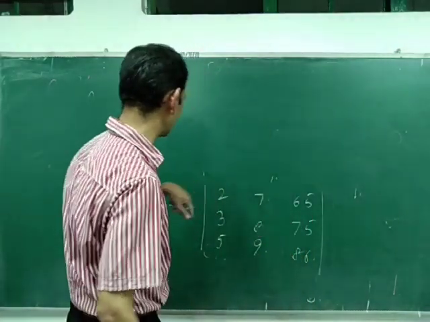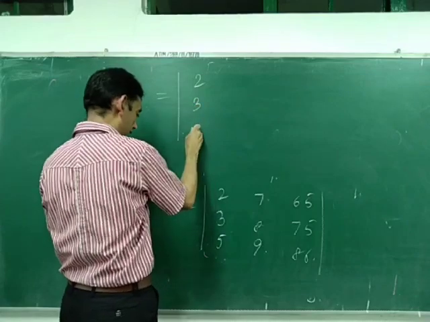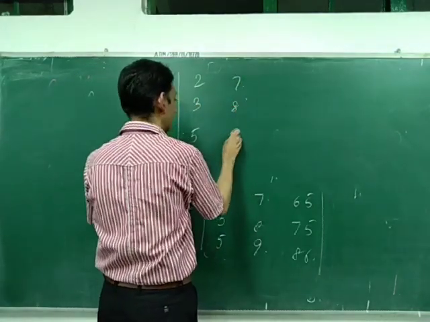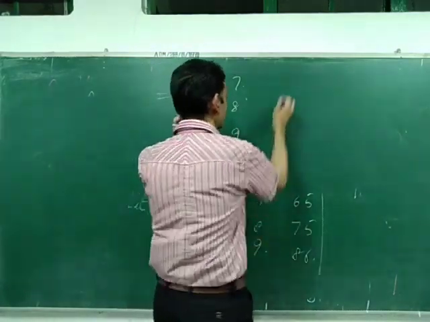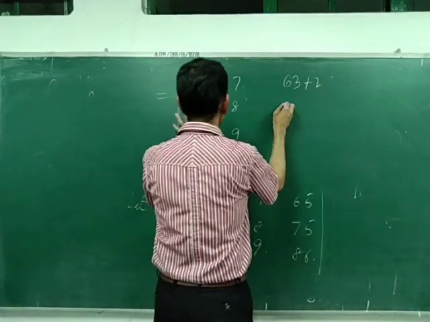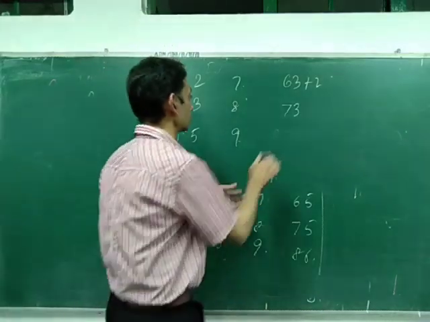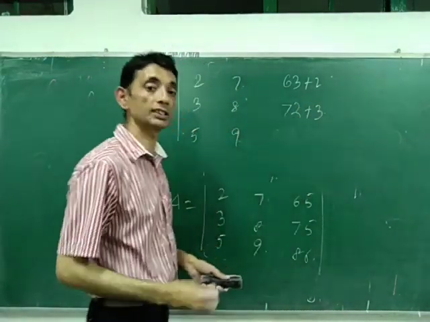So what I'm going to do is, we need to worry about the first column 7, 8, 9. We're going to simplify the 65. 65 you can write as 63 plus 2, and this is not 73, we are going to write 72. I'll tell you why you need to write 72, not 73.